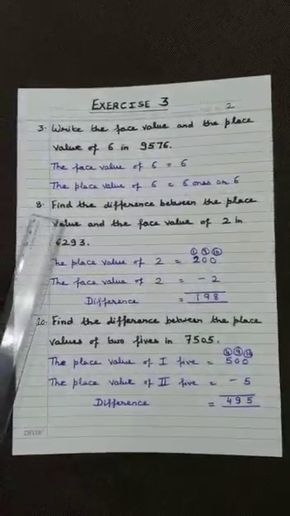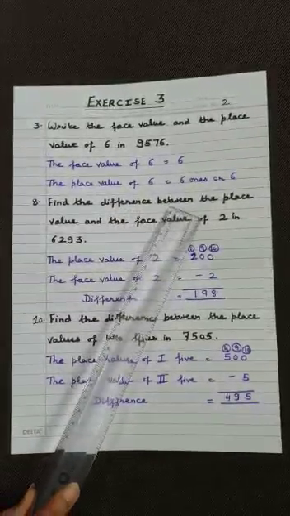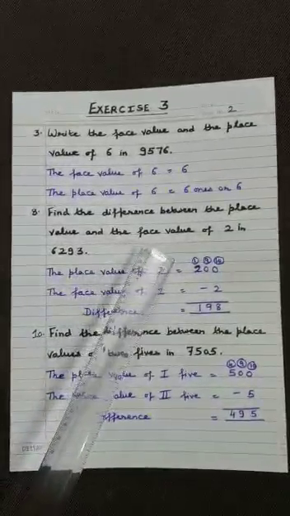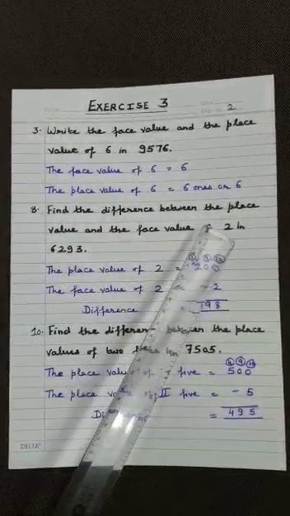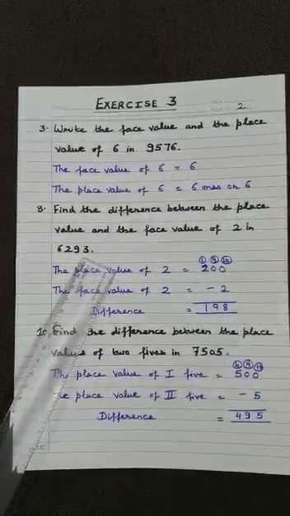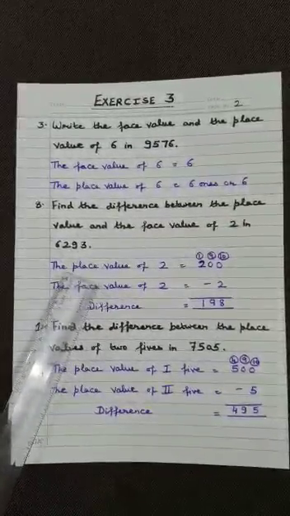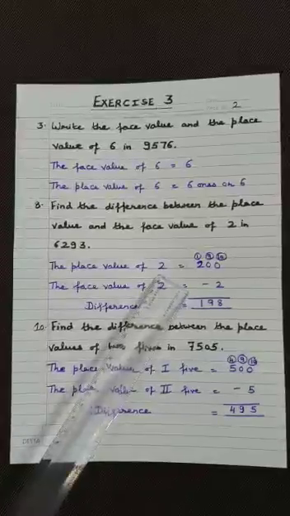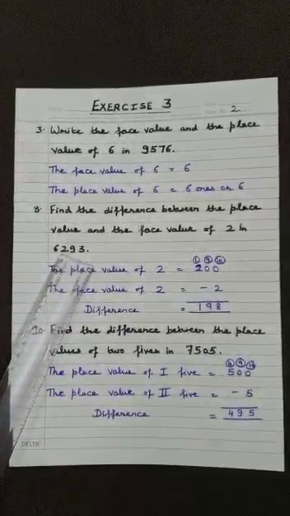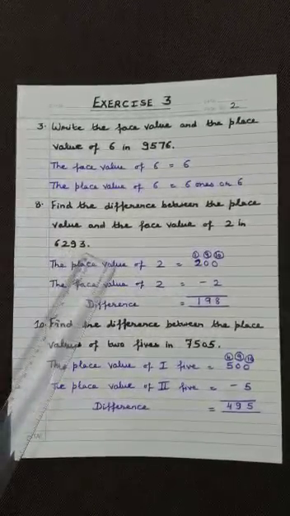Then 8th question. Find the difference between the place value and the face value of digit 2 in 6293. First, the place value. As 2 is under hundreds place, the place value of 2 is equal to 200.